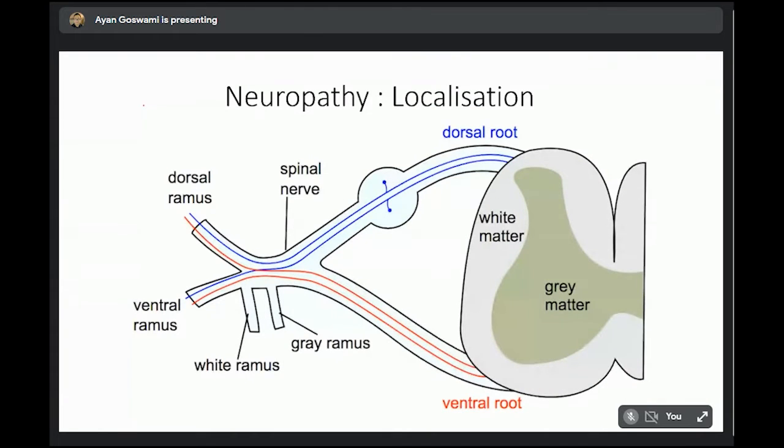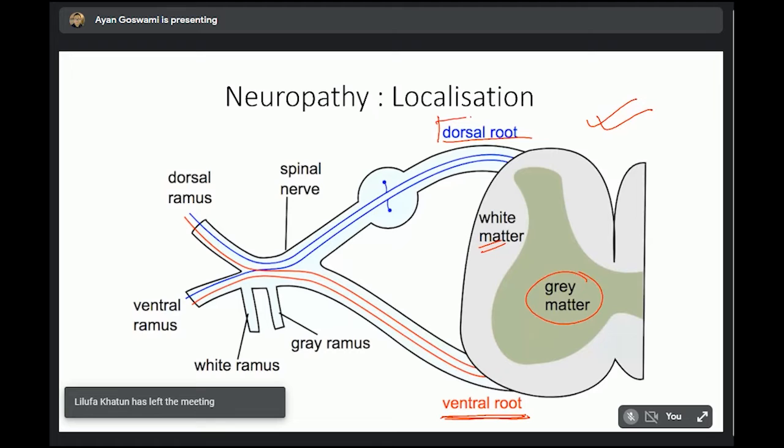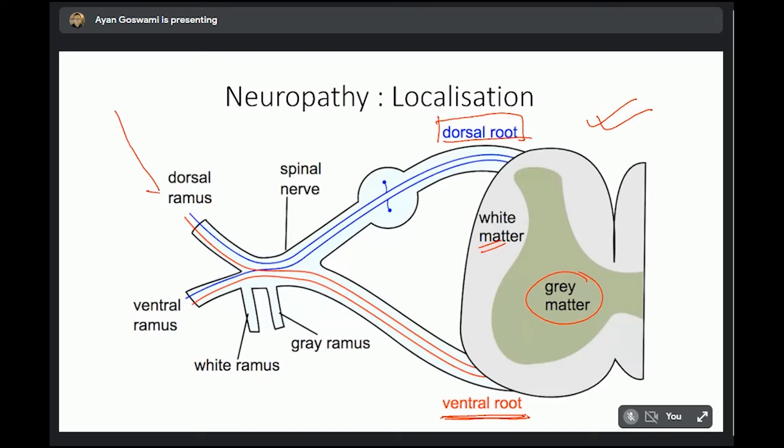So neuropathy, right? So this is your spinal cord, and inside we have the gray matter, and outside we have white matter, right? And at the ventral part or anterior part, we have the ventral root, and this is the posterior part or dorsal root, right? The arrangement is that the sensory nerve enters. So this is sensory nerve.